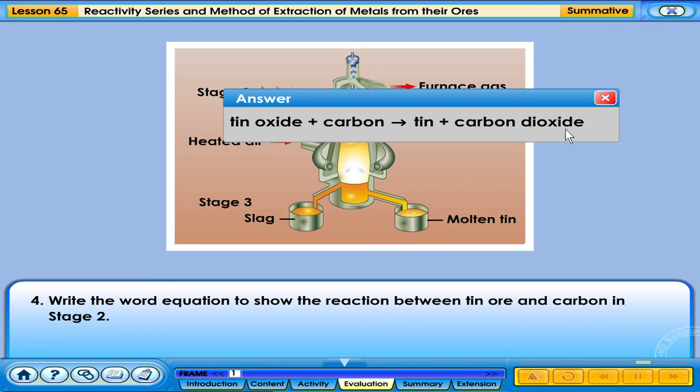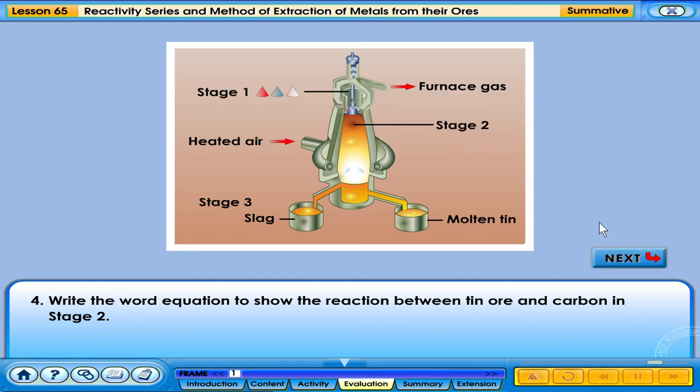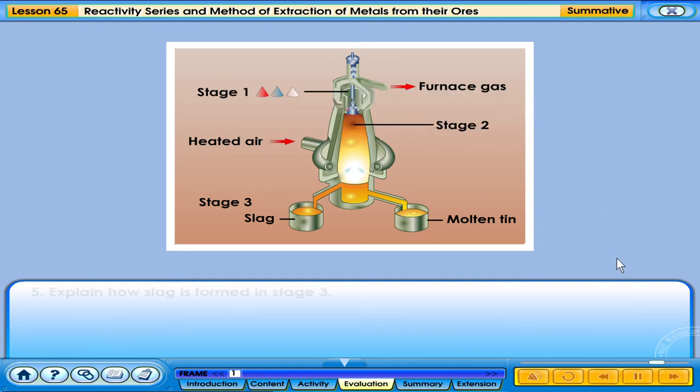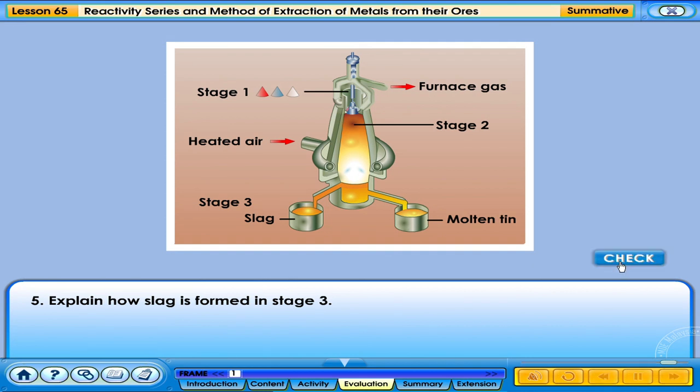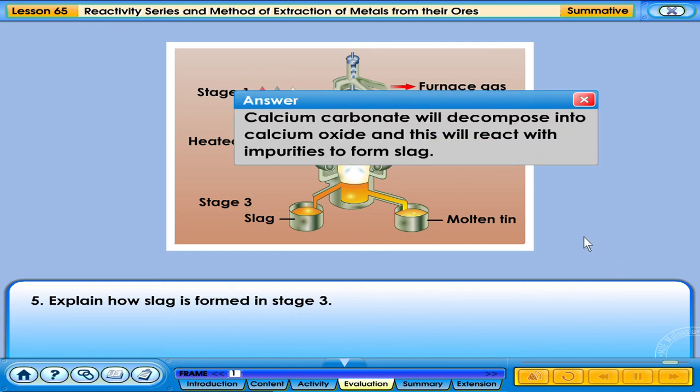Tin oxide reacts with carbon, produces tin and carbon dioxide. 5. Explain how slag is formed in stage 3. Calcium carbonate will decompose into calcium oxide, and this will react with impurities to form slag.